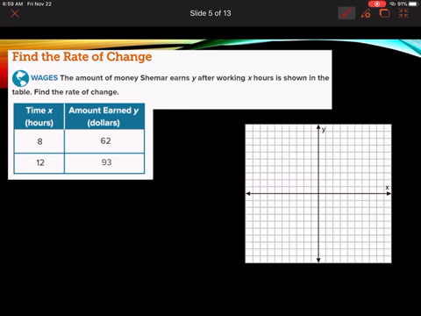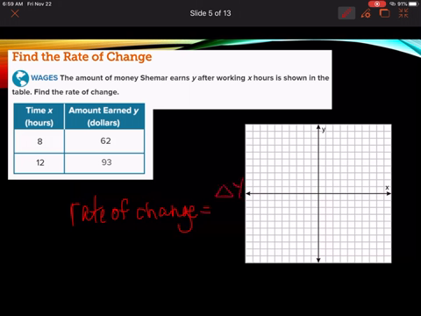So the amount of money Shamir earns Y after working X hours is shown in the table. Find the rate of change. So, once again, we need to remember our formula. This triangle means change.